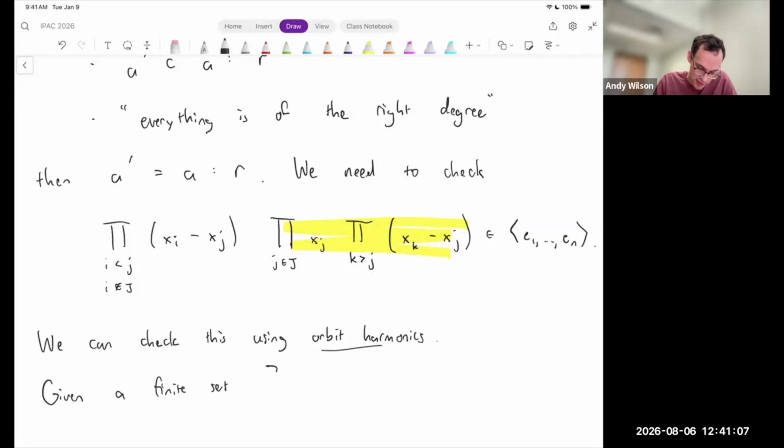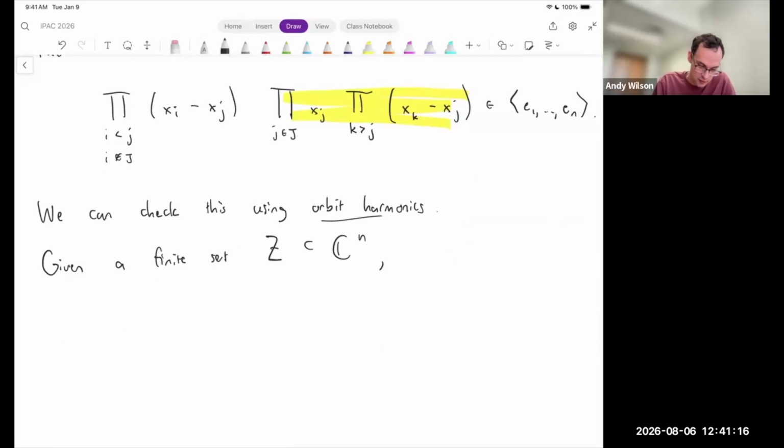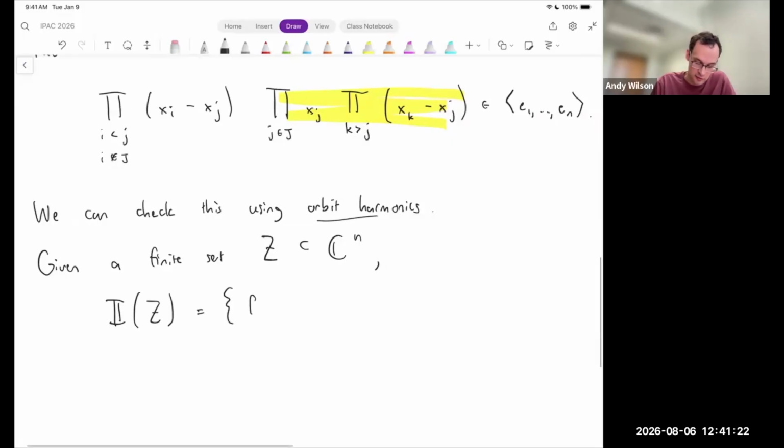If we take some finite set of points, we can define ideals. Think of this as, maybe call it, the vanishing ideal: all the polynomials that vanish on every point in the set.